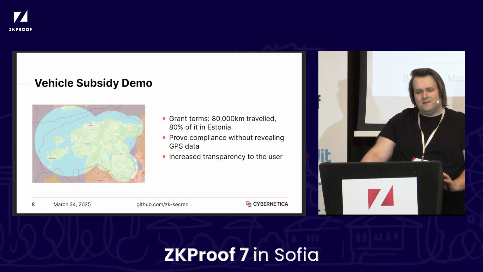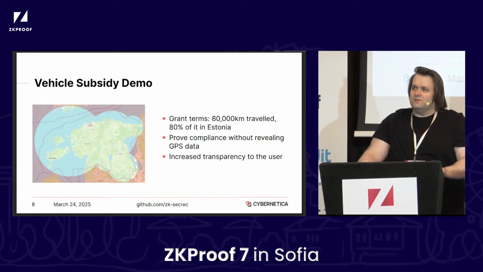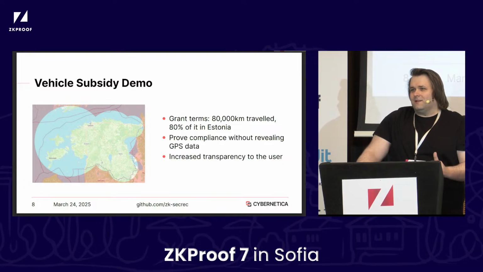The way that this was done in practice was using odometers, but this does not allow the user to see their input data for the verification. So for example, if they believe that they have complied with the conditions, but the system gives them an error or a lower number than they imagined, then they have no recourse.